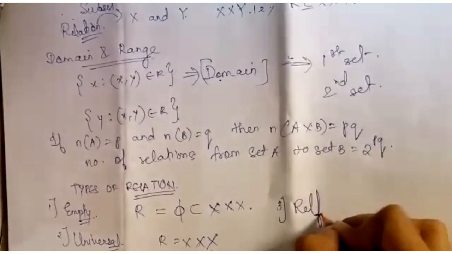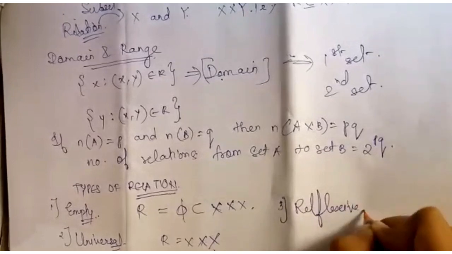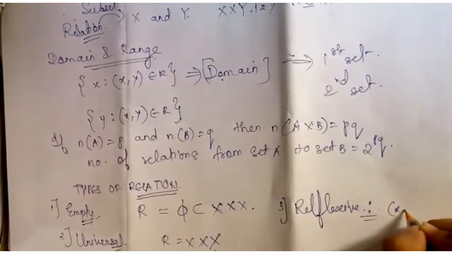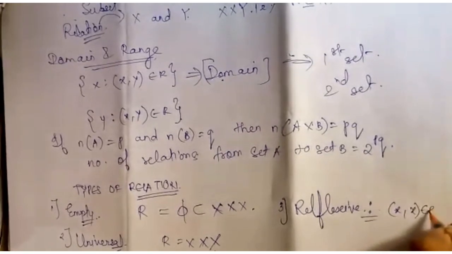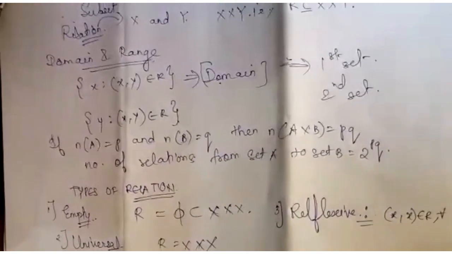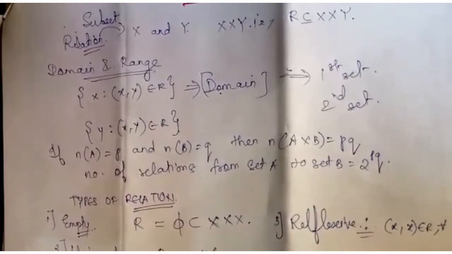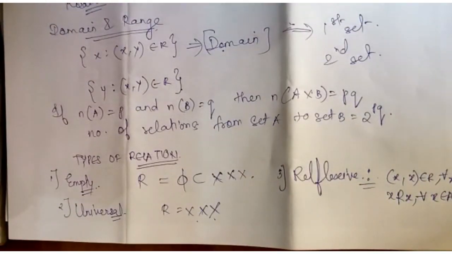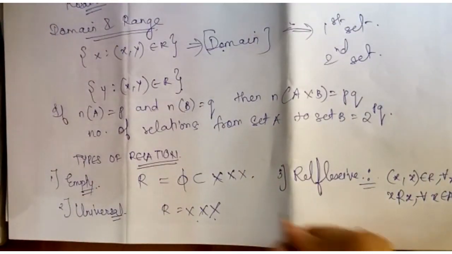Now coming to the third one, the reflexive relation. A relation R defined on set A is said to be reflexive if (x, x) belongs to R such that x belongs to A.